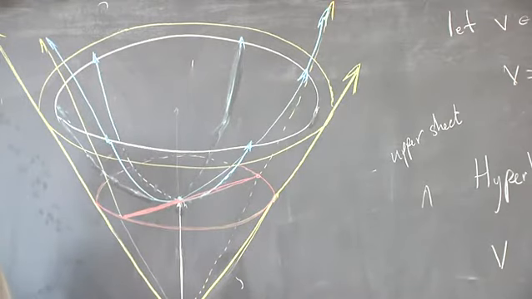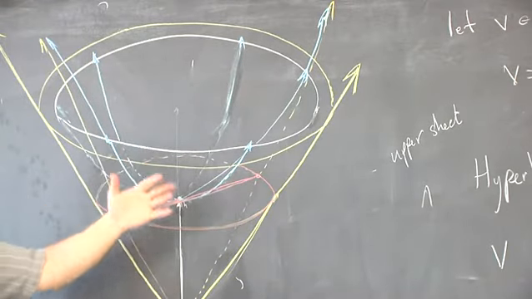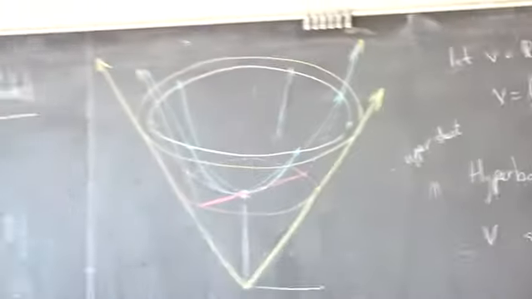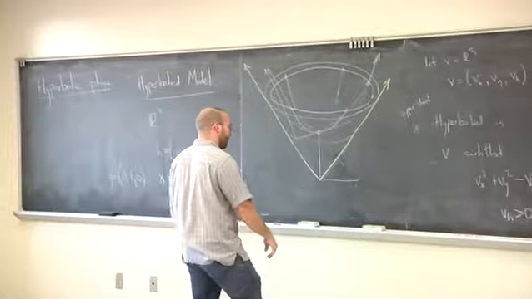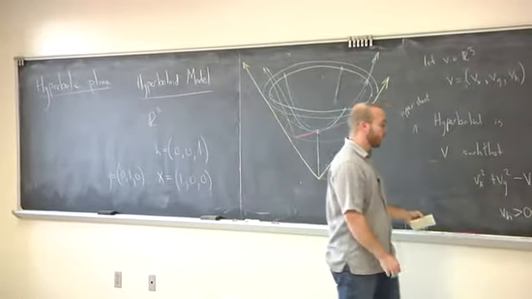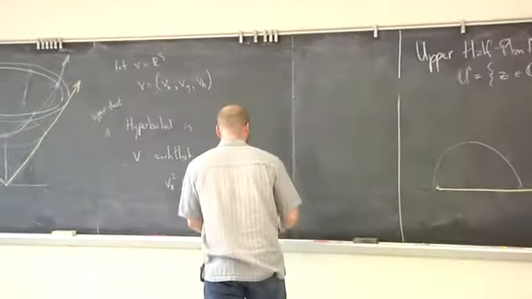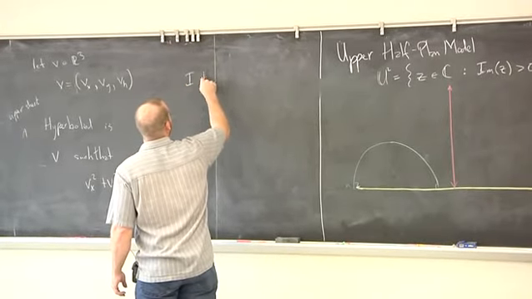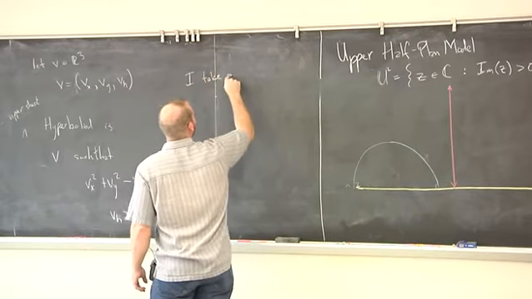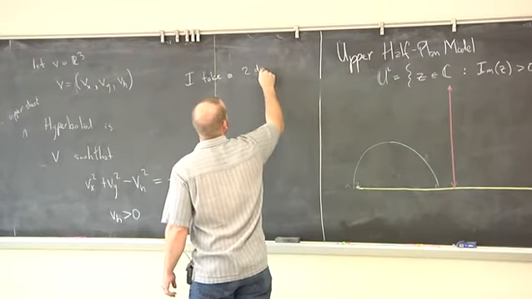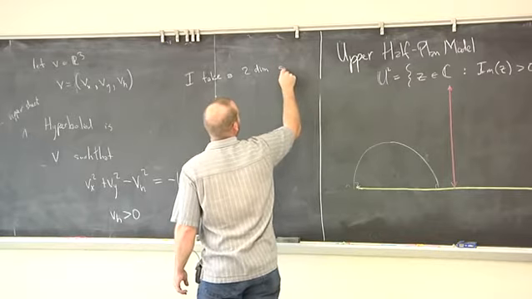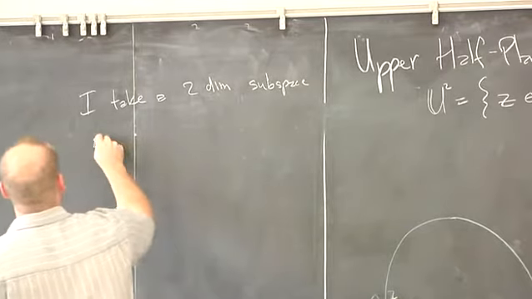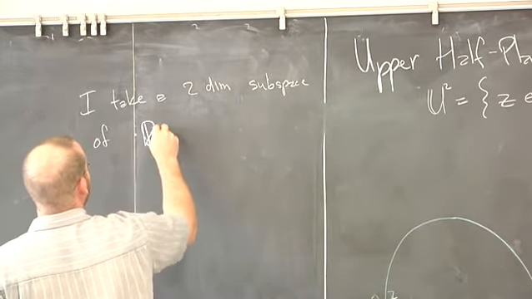Isn't that sweet? So how did I draw these lines? I didn't really tell you how to draw lines on the hyperboloid, like I did the other ones. It's a little more complicated, but it's not bad. So let me tell you what these blue lines are. I take a two-dimensional subspace of R3, right?